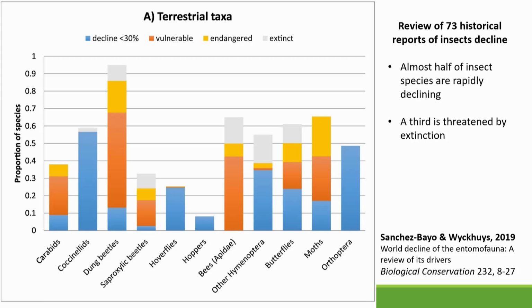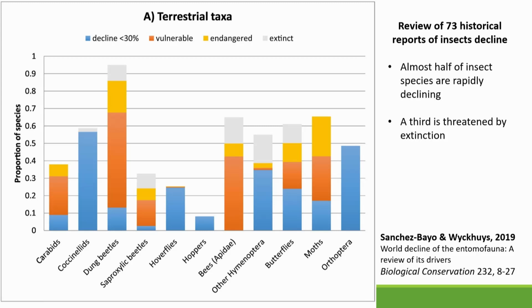As insects are so important for almost any ecosystem function and service, you could say we don't have enough of a record of this. However, based on these 73 historical reports, they went to natural history museums, etc., and tried to get a picture of what types of insects you could find in the 1910s, 20s, etc.